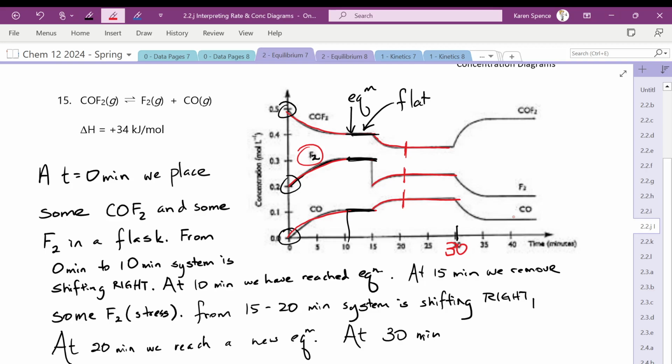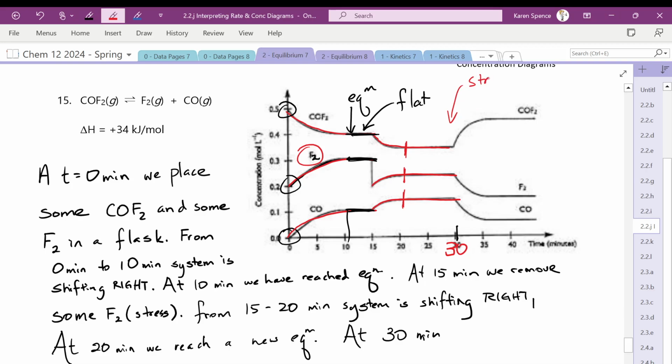No. There must be a stress in order to have a shift, but you don't see the stress on this graph. That means that the stress was not what?